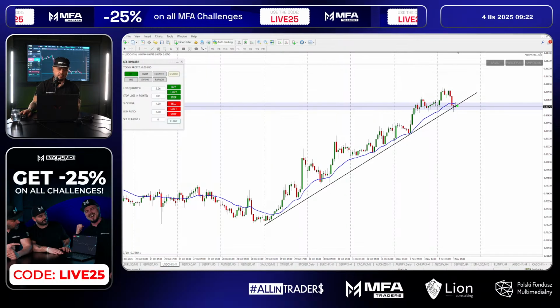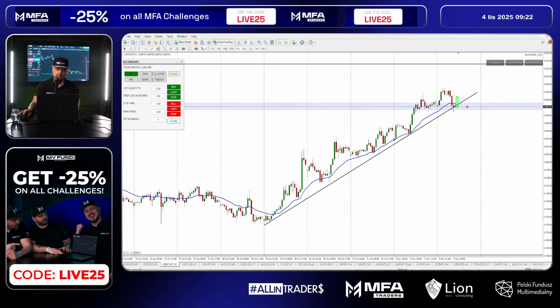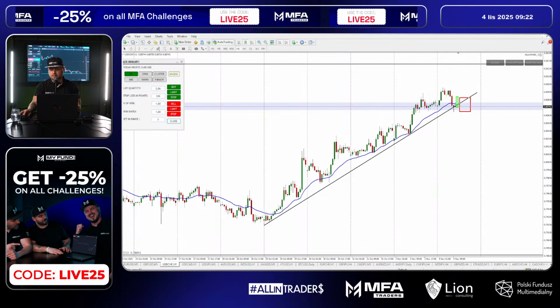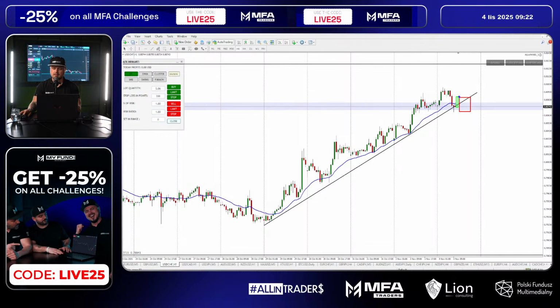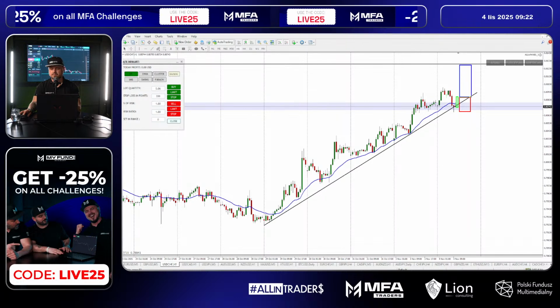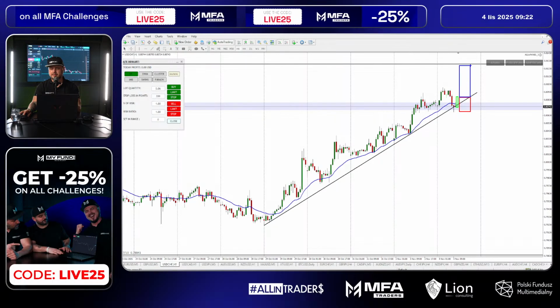So we need to wait for the bullish candle closing above the exponential moving average. We're gonna open the trade with the stop loss under this support resistance zone, and our take profit will be at the target, like 1-2 pips before the target.